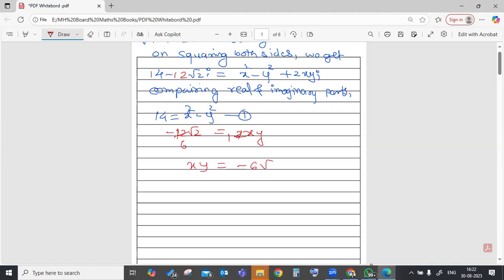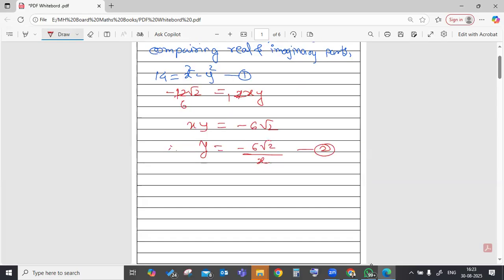Minus 6 root 2. xy is minus 6 root 2. Okay. We take y equal to minus 6 root 2 upon x. Equation 2.